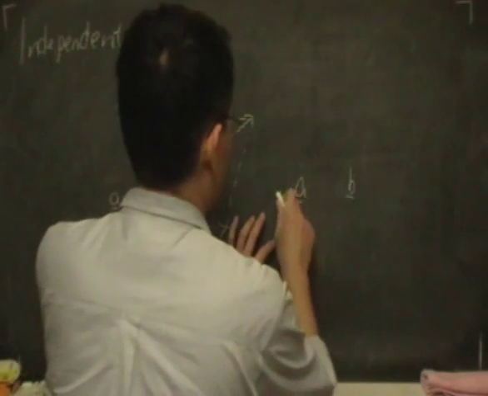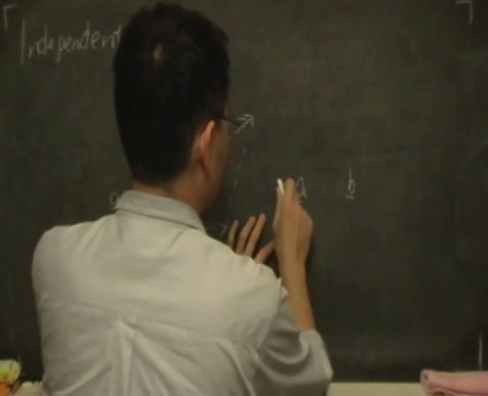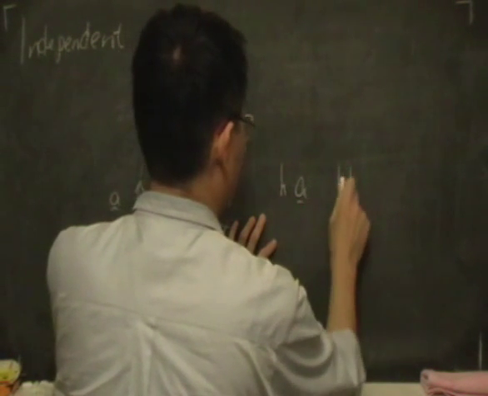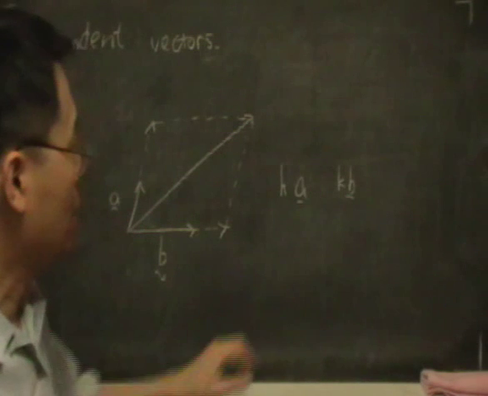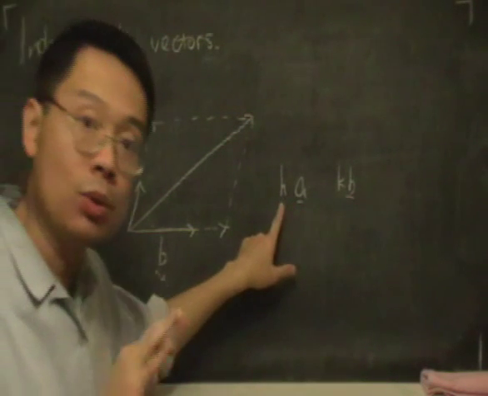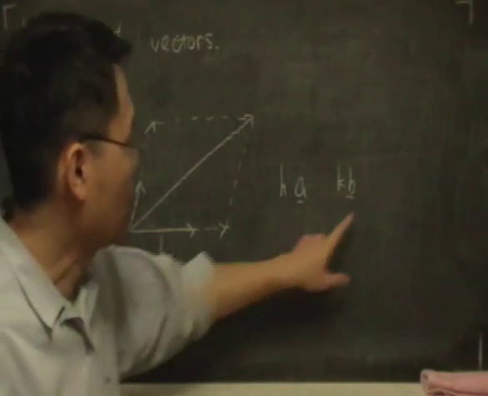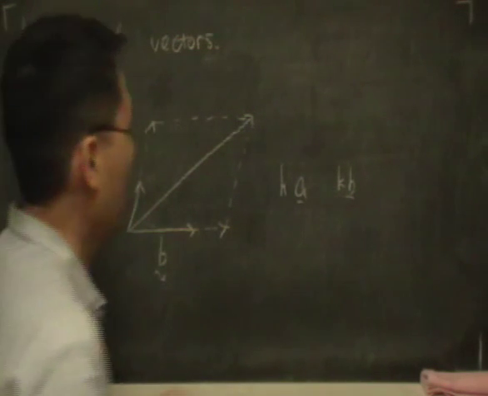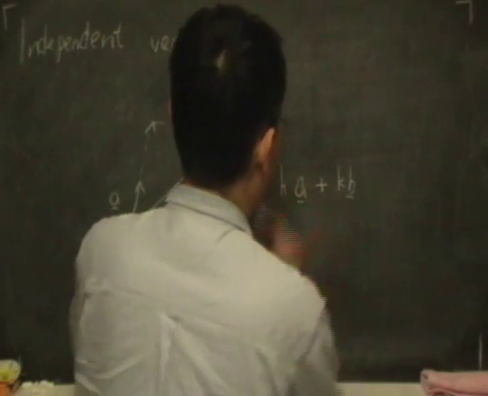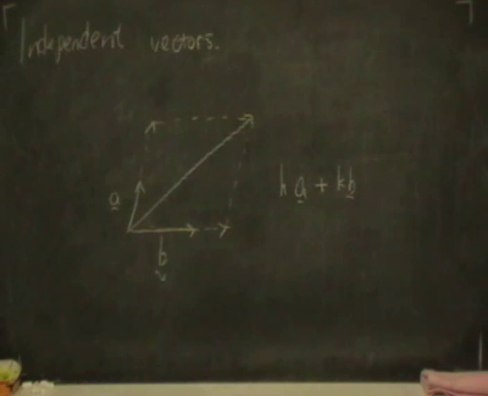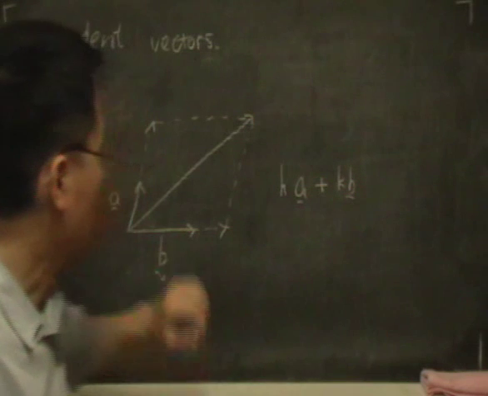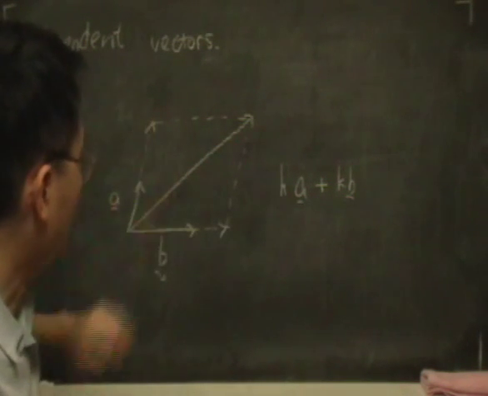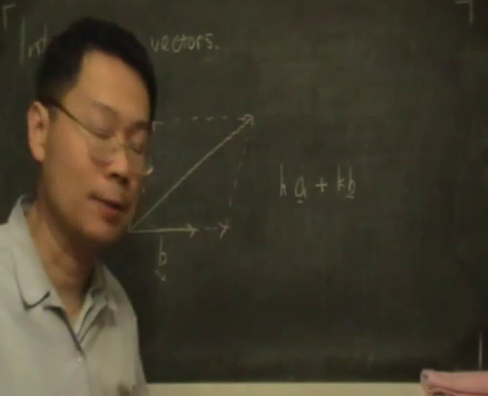I can represent them by symbols like H and K. So if I multiply A by some unknown number H and B by some unknown number K and add them together, I can think of it as forming a parallelogram like that and giving me a new vector.